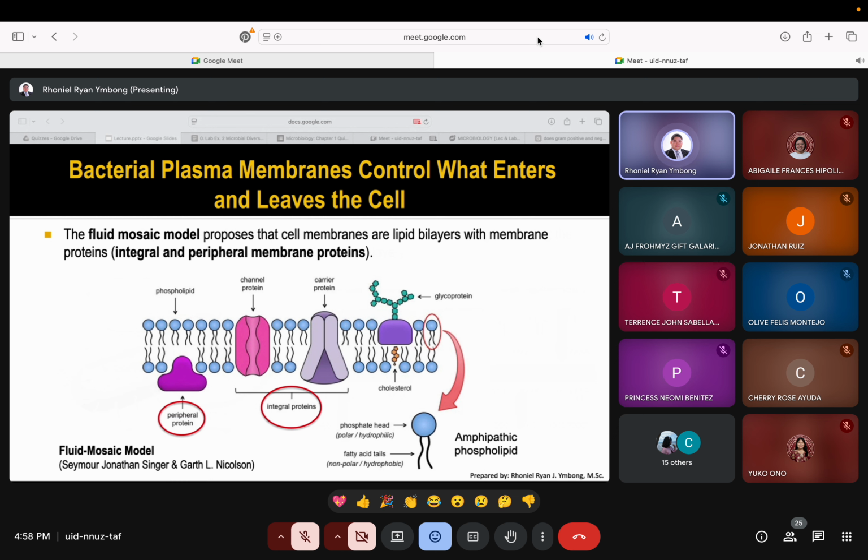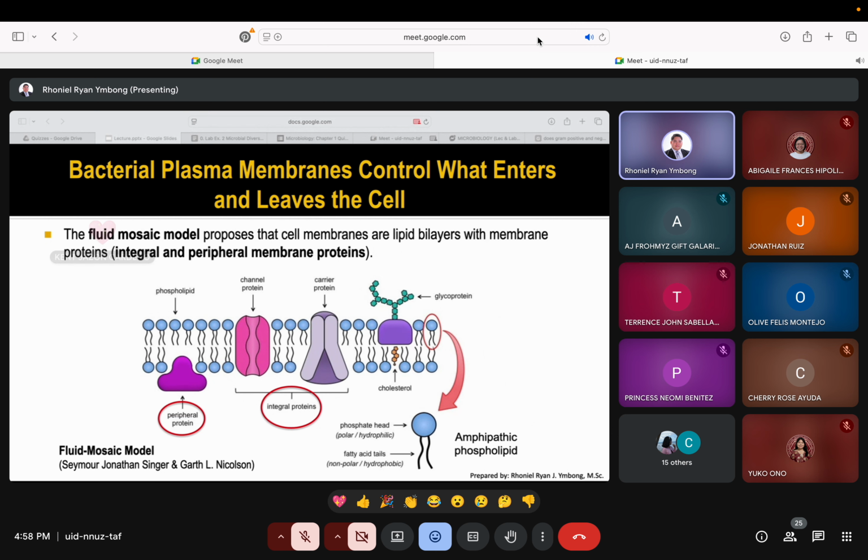So if you look at your plasma membrane, it's a lipid bilayer because you have two layers of lipids. And these layers are actually made up of amphipathic phospholipid organic molecules.